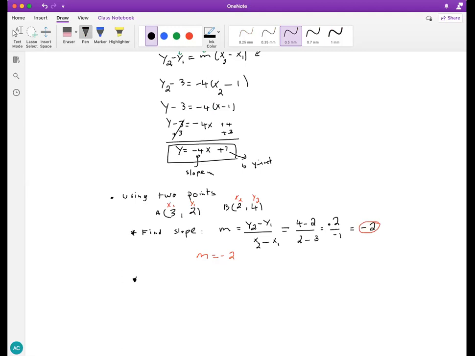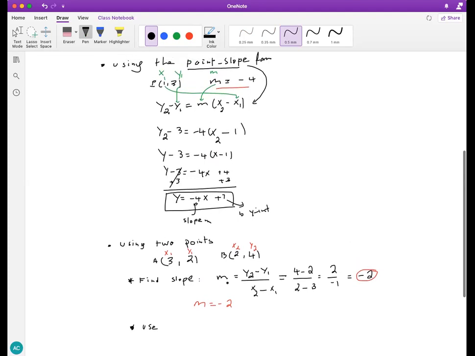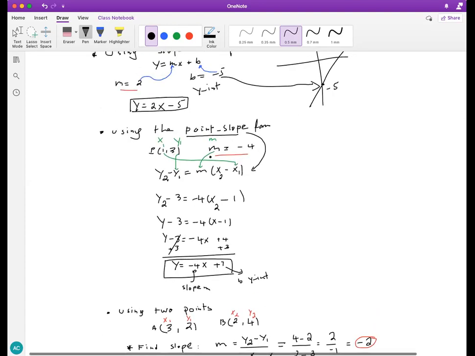Now that we have the slope, since we have points and we have m, we're going to use the point-slope formula. Either one of the points works, it doesn't matter, but we could use the first one. We're going to do the same thing as we did before to write the equation.